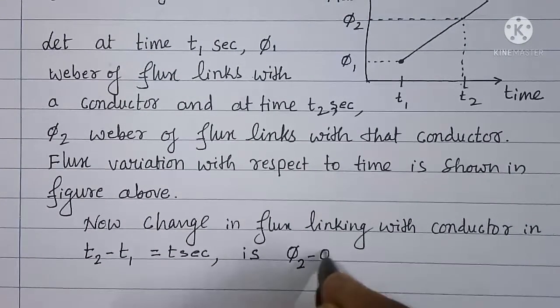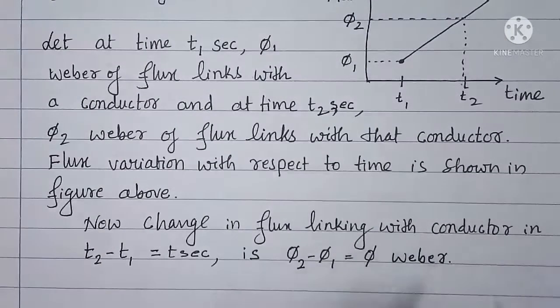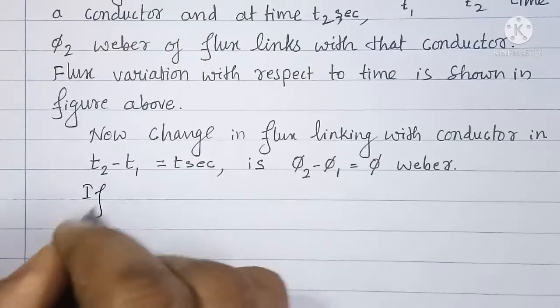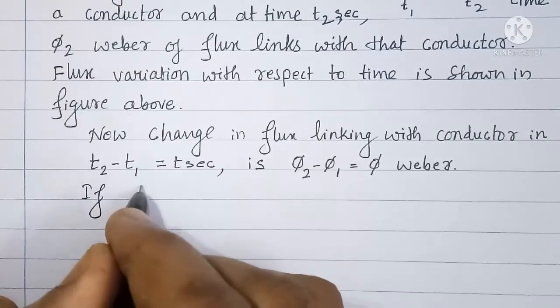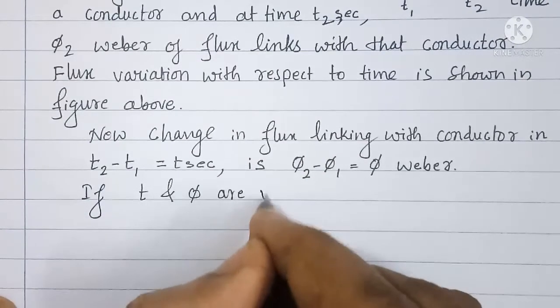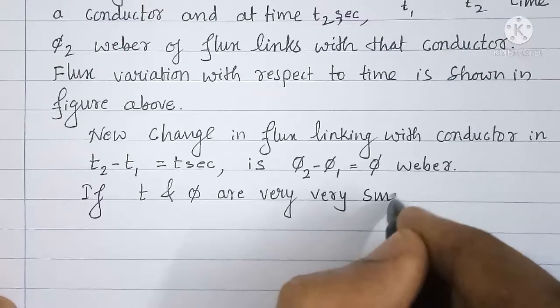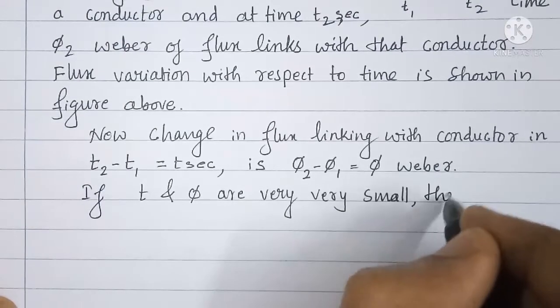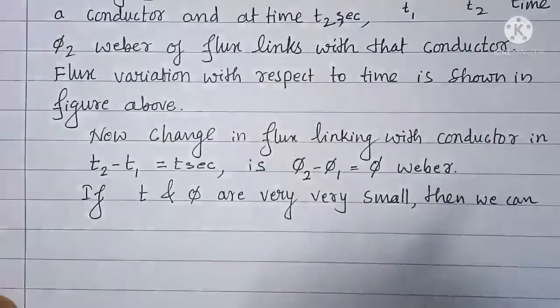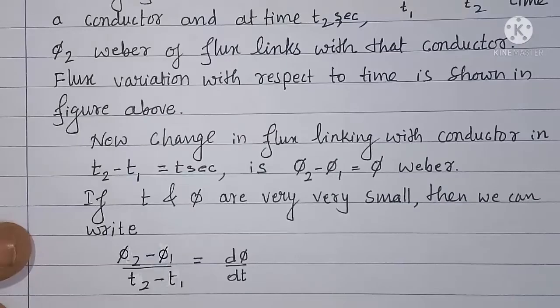Is phi2 minus phi1 equal to phi Weber. If t and phi are very small, then we can write phi2 minus phi1 upon t2 minus t1 equal to d phi by dt.